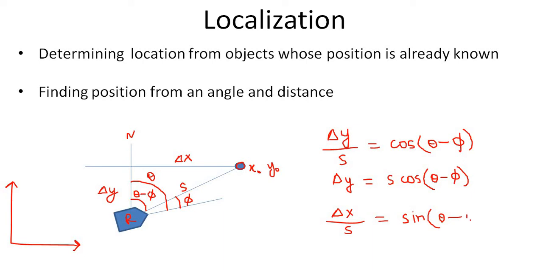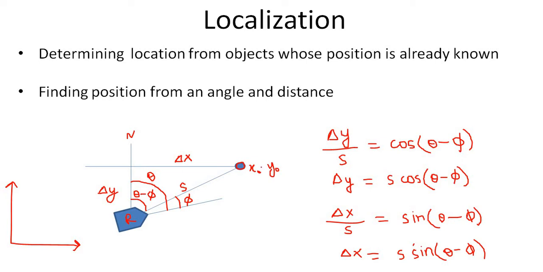Theta minus phi. In this case also s is known, and we also know both angles, so we can easily calculate delta x. So that's how we can calculate delta x and delta y, and then it gives a relative position of this robot with respect to this object.